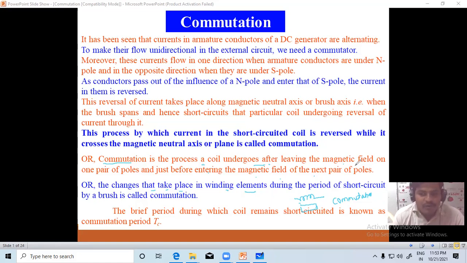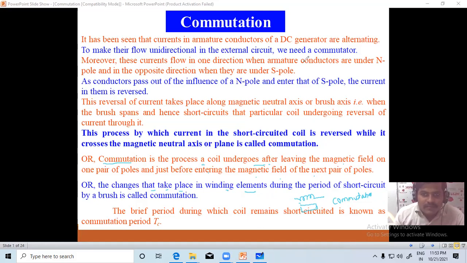At that situation the commutation action is done. That process is called commutation. This is a very important and very interesting concept. How it is reversed, we will see.